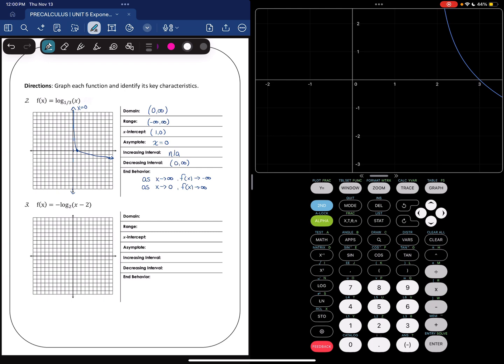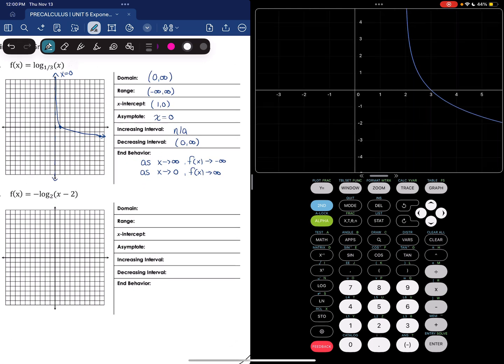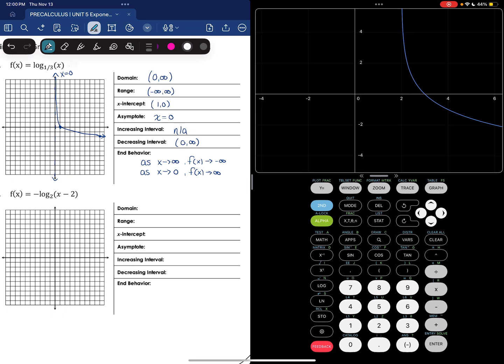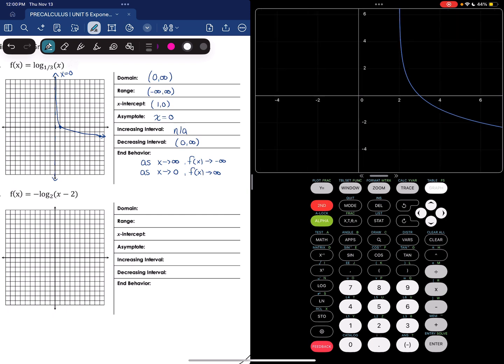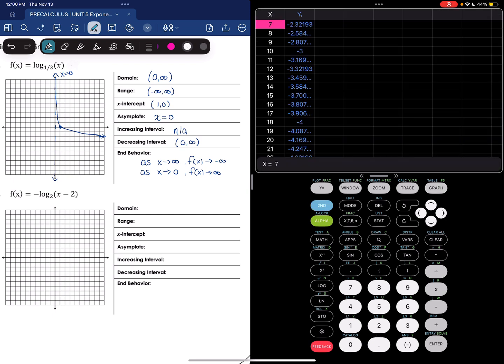Okay, so quite a bit has changed here. Let's see this graph. Now, ladies and gentlemen, when you go to the table, you'll see that for everything 2 and smaller, there is going to be an error.